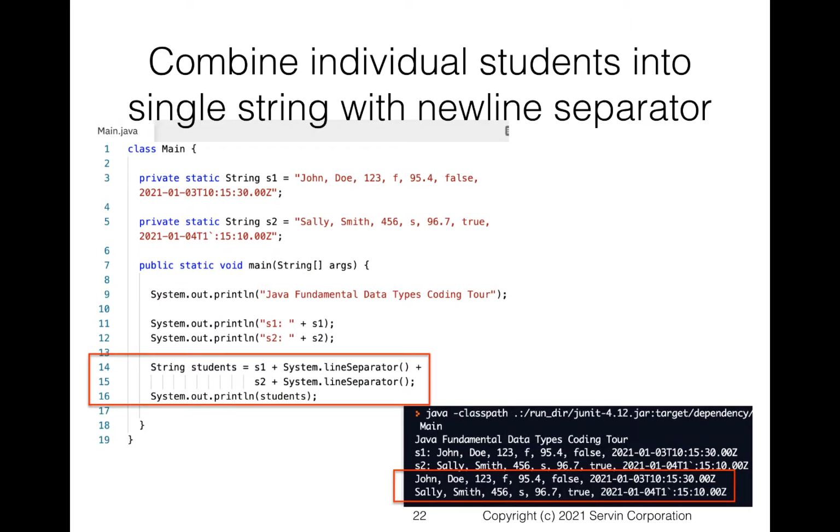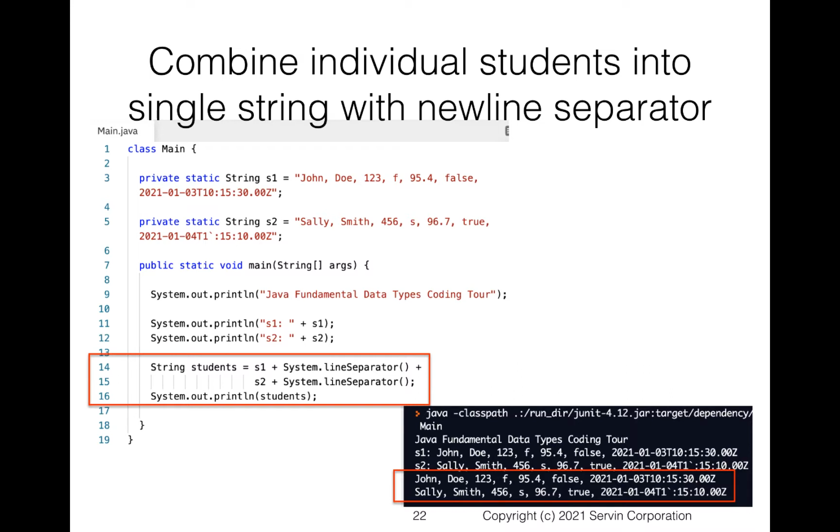Next, we want to combine these individual students, each entry individually, into a single string, and we want to use this newline separator. That is how we want to separate using whatever the platform uses to separate lines. And so to abstract us from the details of what is the line separator, at line number 14, notice we do system.line_separator.